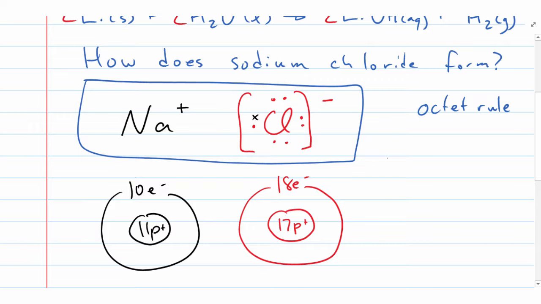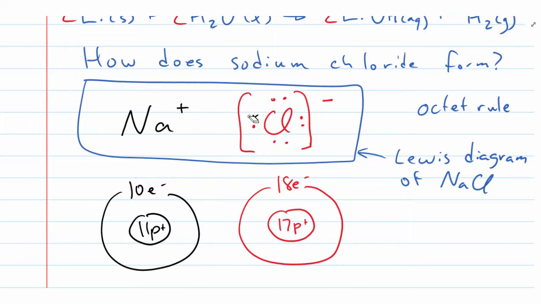So if you had to write the Lewis diagram for NaCl, this is how you do it. Except when you do it, instead of the X I'm showing here, you'd actually write a dot. You wouldn't have it all be the same color. But I'm just doing this for illustrative purposes so you can follow exactly where those electrons came from.